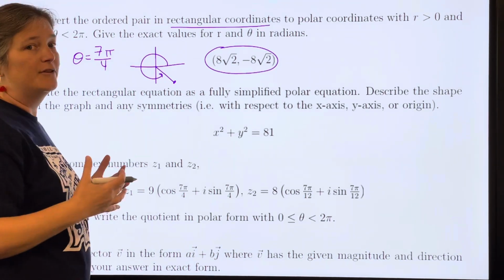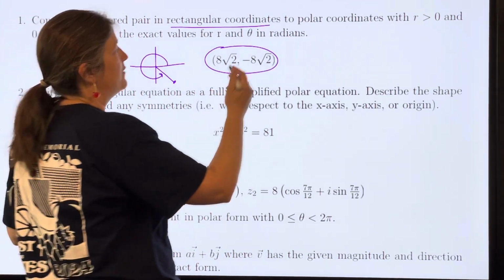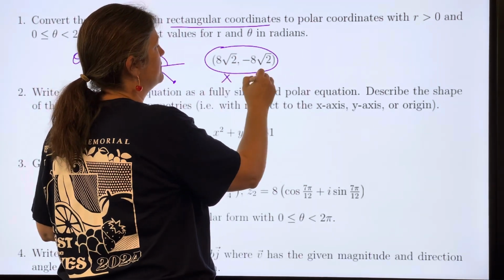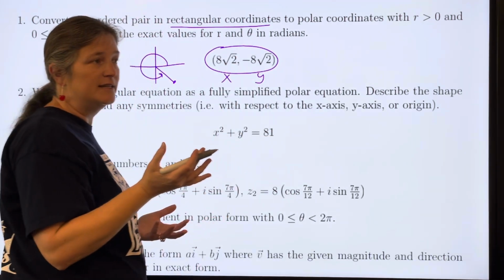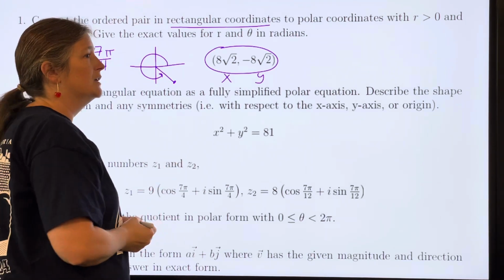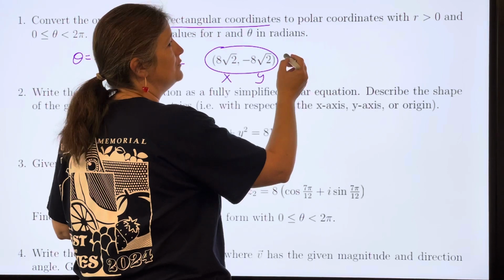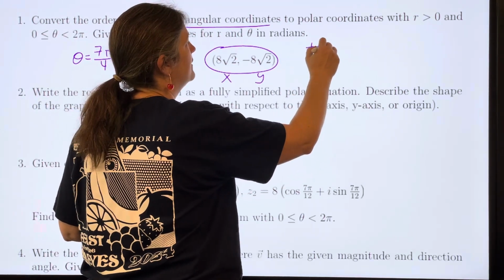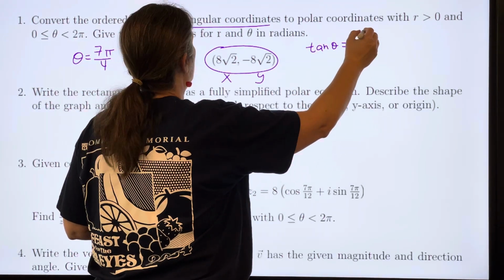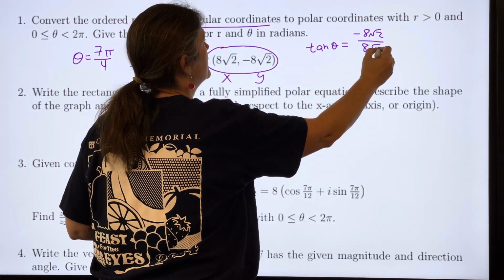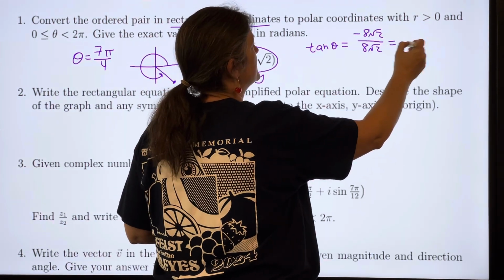Now, I do have equations for this. If I wanted to use my x and my y officially in the equations that I had written on the board the other day, those 4 key equations, I would use tan theta equals y over x, negative 8 root 2 over 8 root 2, and that would just be equals negative 1.